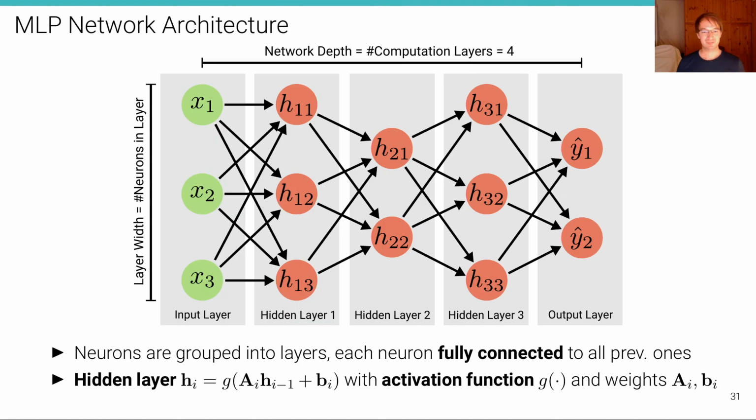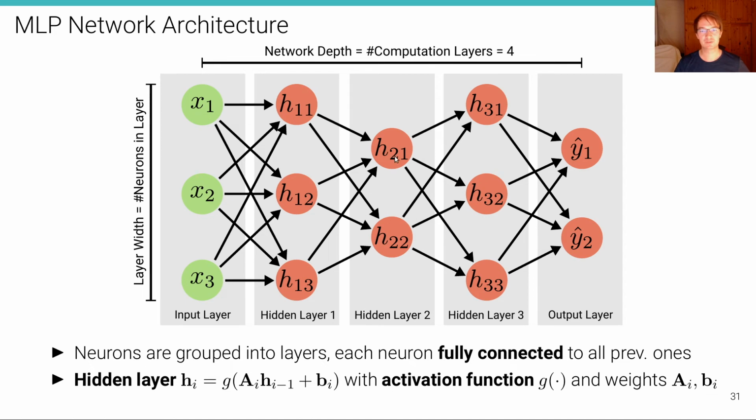So what does a multi-layer perceptron look like? This is an example of a multi-layer perceptron network architecture. You can see here the inputs on the left. This is the input layer. Then we have 3 hidden layers, and then we have the output layer. And the variables within a layer are not connected, but the variables of one layer are fully connected to all the variables of the previous layer.